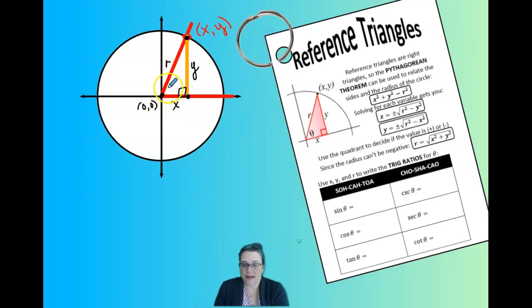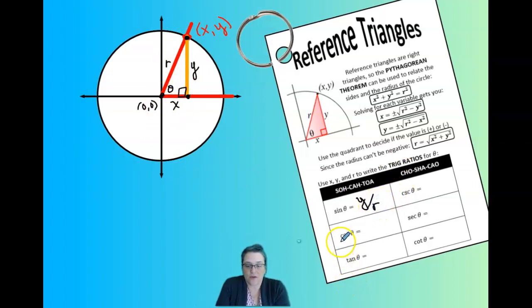And this theta is the central angle, the angle formed by the initial and terminal sides with the vertex at the origin, and that's an acute angle. So I can identify the sine ratio. The sine of theta, remember, is the opposite over the hypotenuse, and the opposite of theta is y, and the hypotenuse of this right triangle is r, the radius of the circle.